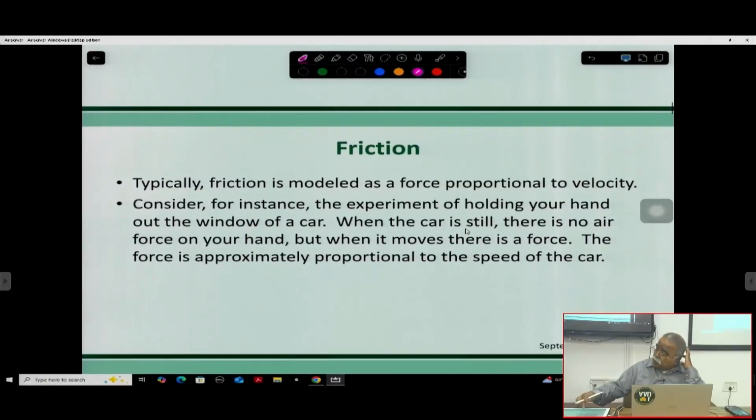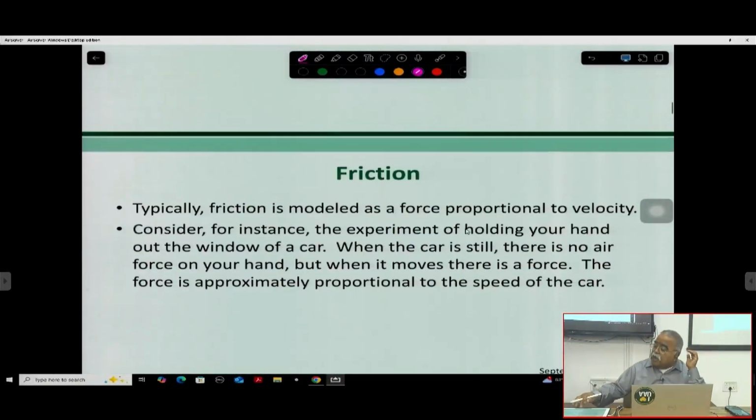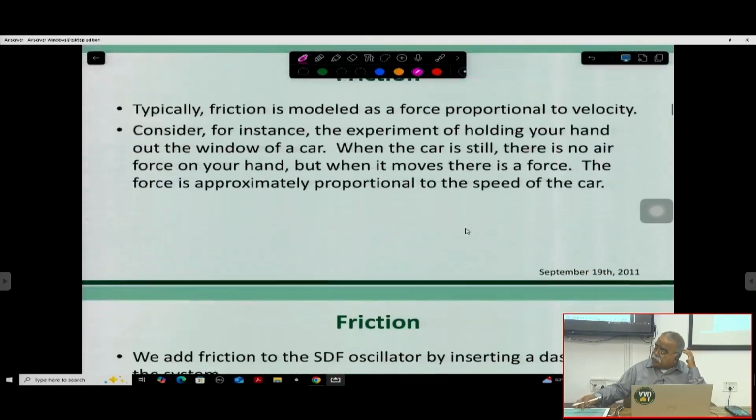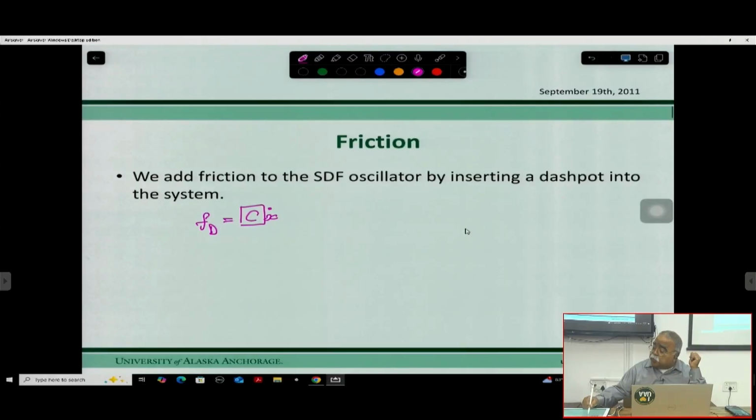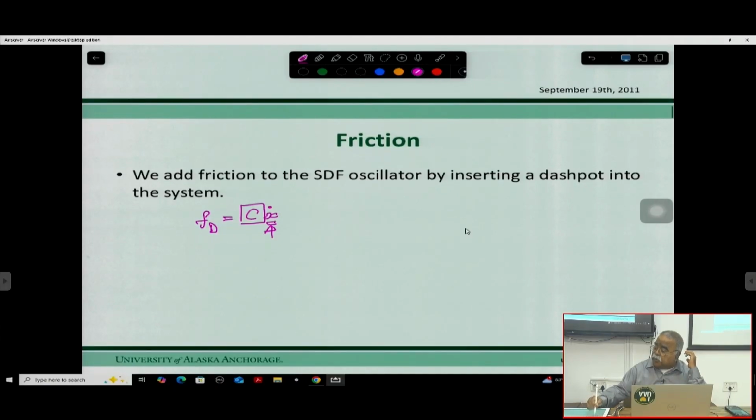We can use the friction form as basically the damping system, and that is what we call the damping force. The damping force equals C times x dot, where C is the damping constant, right? And it is proportional to the velocity of the body, right? So that is your damping force.